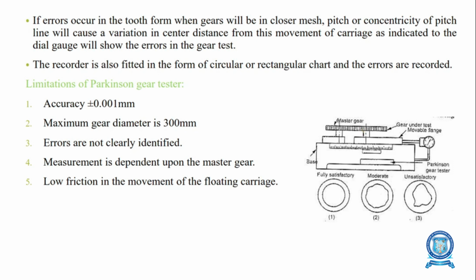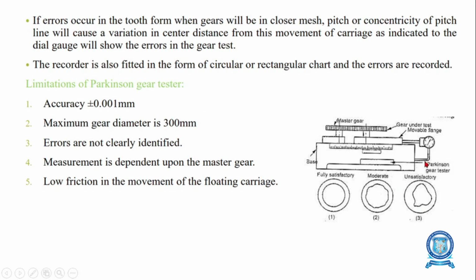The dial indicator on the Parkinson testing machine shows the errors which occur on the gear under test. So when the gear rotates, the movements of the sliding carriage are indicated by the dial indicator, and these variations are a measure of any irregularities in the gear under the test.